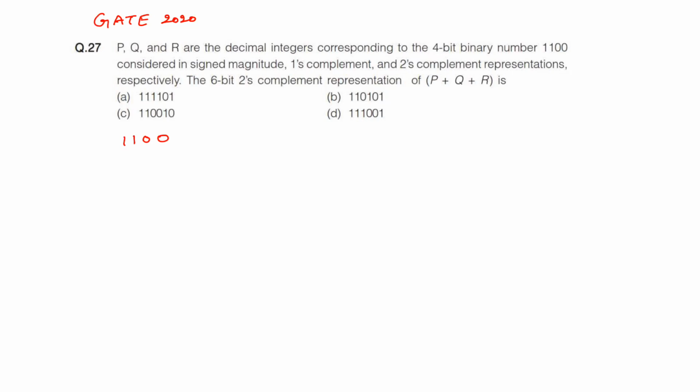1100. So in sign magnitude representation, we always know that the MSB indicates sign and the other bits indicate the magnitude, and 1 represents negative value, 0 represents positive.